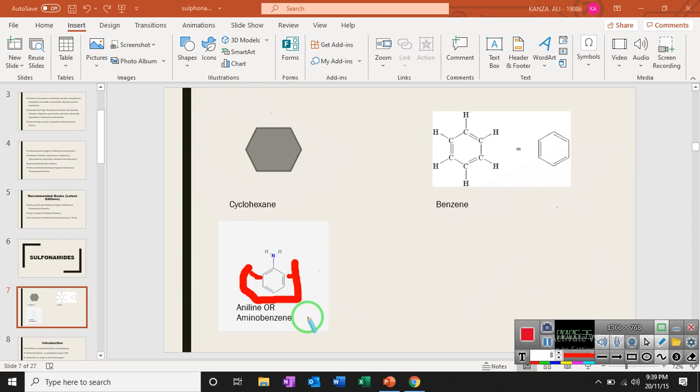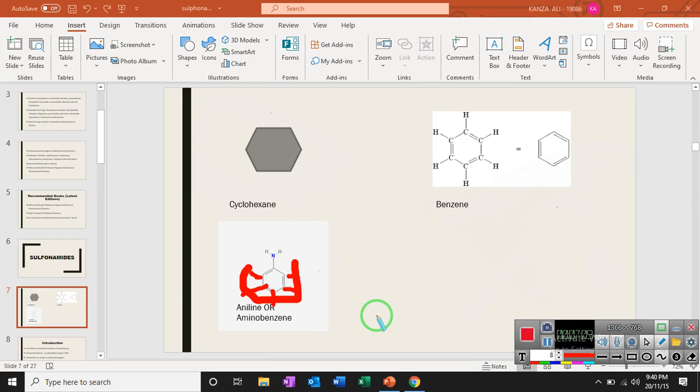If the group is substituted at an alternate position, it is considered meta, and if it is substituted at the opposite position to the first group, it is termed para substituted, or the para position.